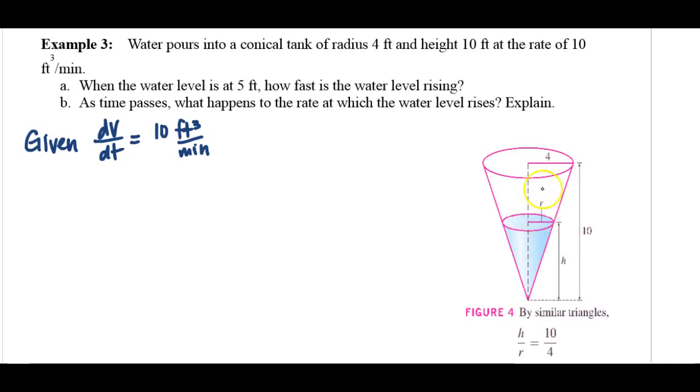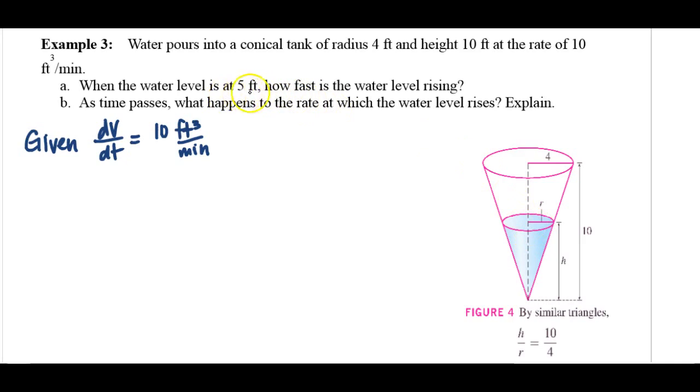Where students get confused here is the fact that there's a fixed height, the height of the actual cup or the cone, that's 10, and a fixed radius of the cone, that's 4. But it's almost like we have two cones, because the shape that the water takes on when poured into a cone is also a cone. So the height of the cone of water is changing, and that's h, and the radius of the cone of water is r, and that's changing as well as the water is pouring into this cup.